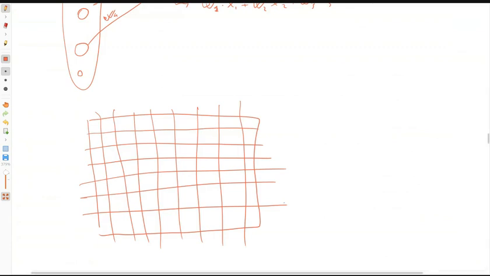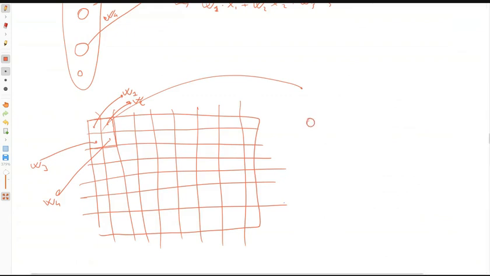That means this number will be multiplied by W1, this by W2, this by W3, this by W4, and these 4 neurons will produce in the next layer 1 neuron.